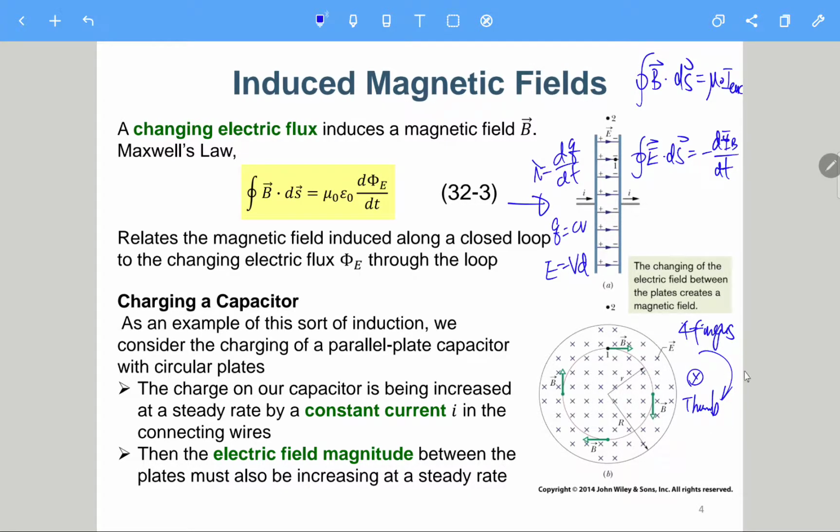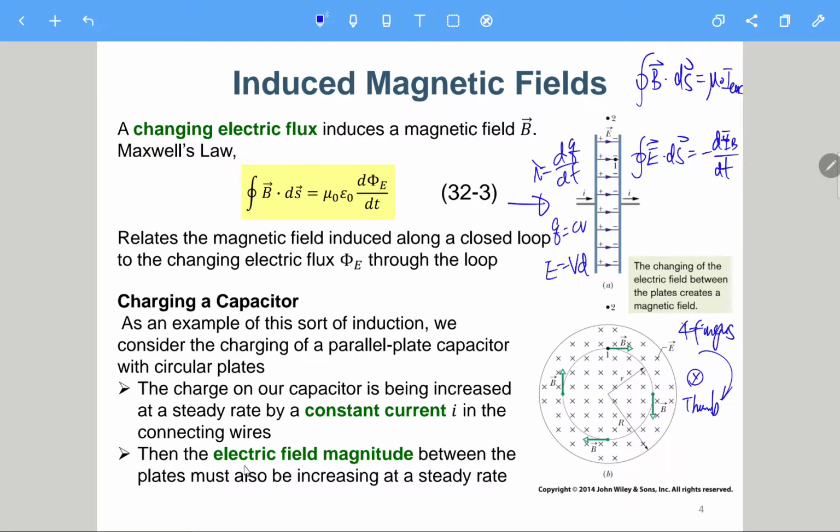So your forefingers should be clockwise, which means that the generated magnetic field should be clockwise. For each point, for example for this point, the magnetic field is pointing downward. For this point, the magnetic field is pointing to the left side. For this point, the magnetic field is pointing upward.